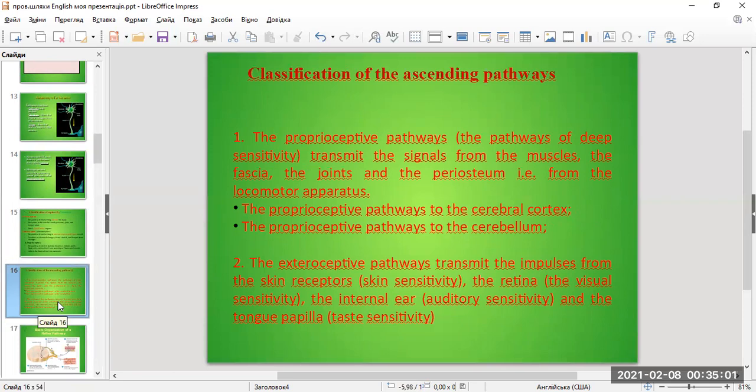And we have the proprioceptive pathway to the cerebral cortex and the proprioceptive pathway to the cerebellum. The exteroceptive pathways transmit the impulse from the skin receptors, skin sensitivity, the retina, visual sensitivity, the internal ear, auditory sensitivity, and the tongue papillae, taste sensitivity.